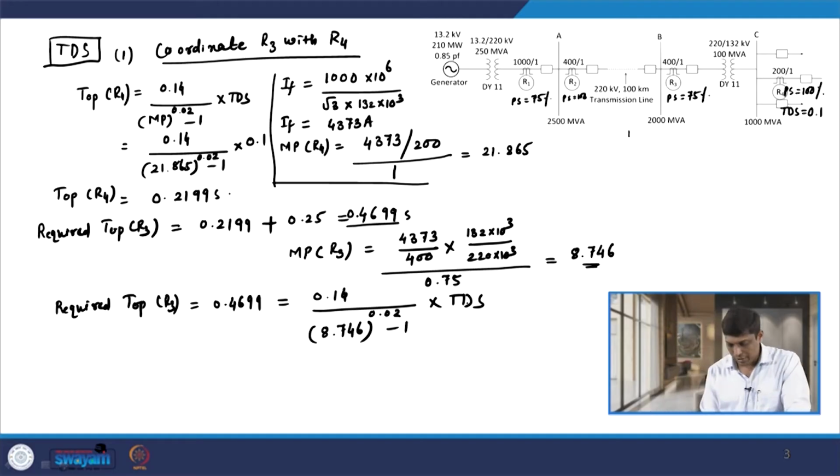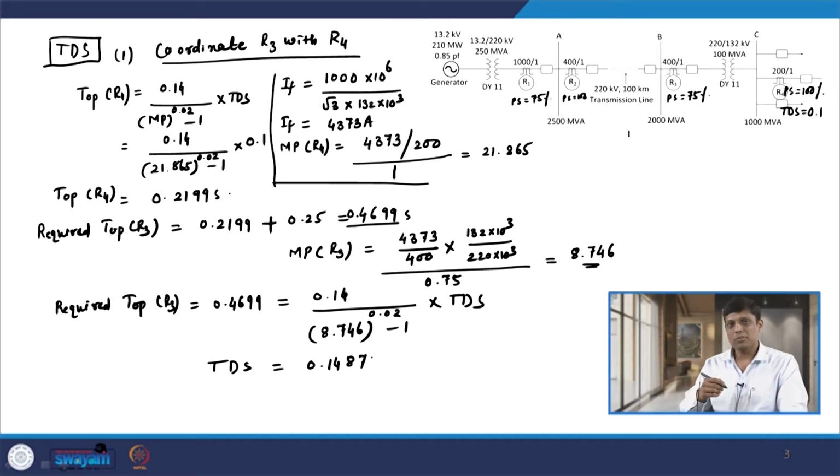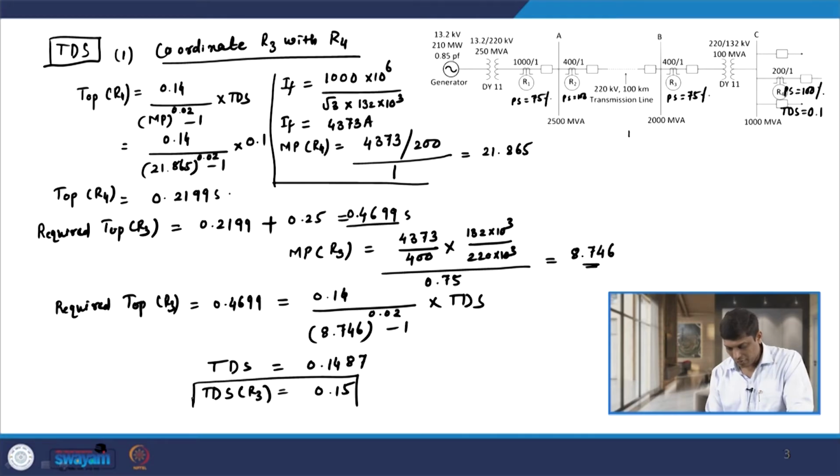If you solve this, the TDS is 0.1487. As I told you, the TDS range is 0 to 1 second in steps of 0.05, so the next available value higher than 0.1487 is 0.15. So we can select the TDS of R3 as 0.15.